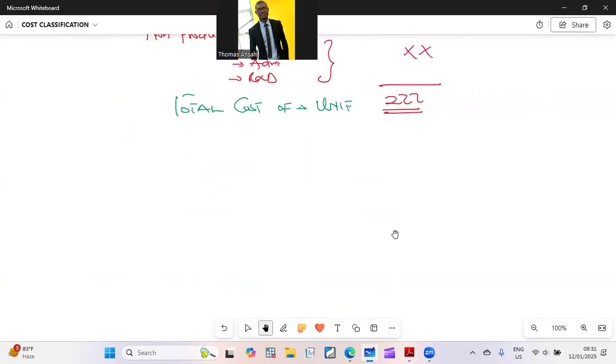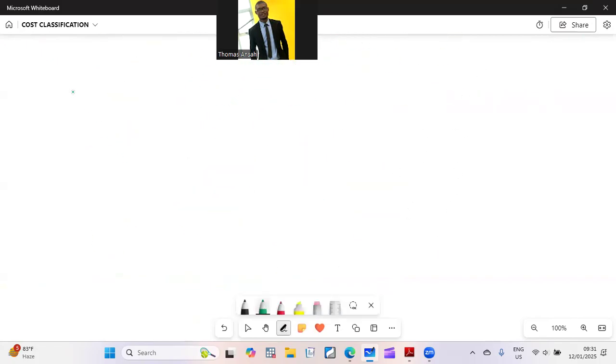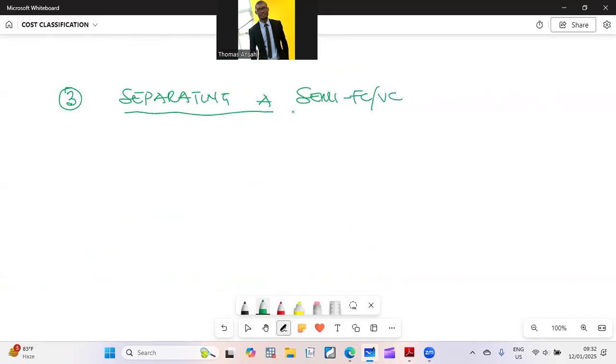Our objective 3 for today is separating a semi-variable cost or semi-fixed cost. And I said that the approach we are going to use here is the high-low approach.